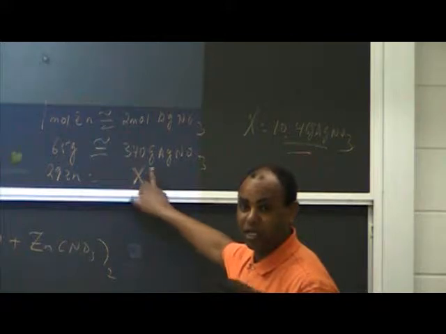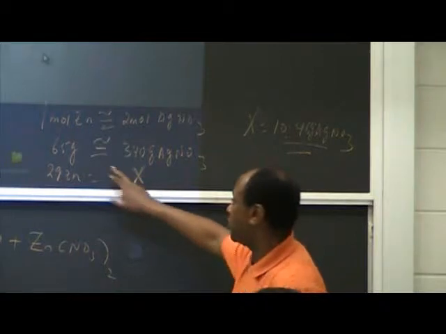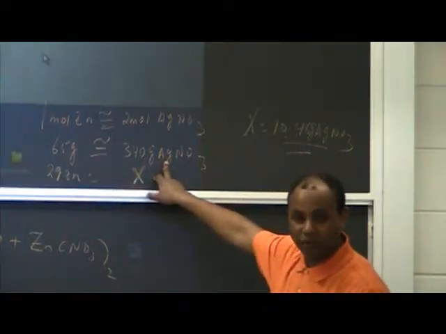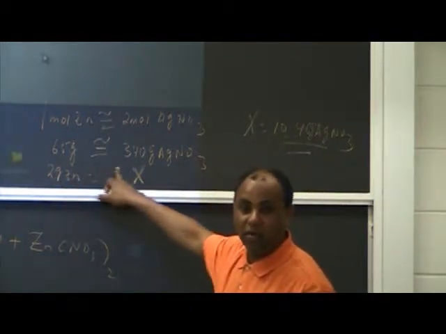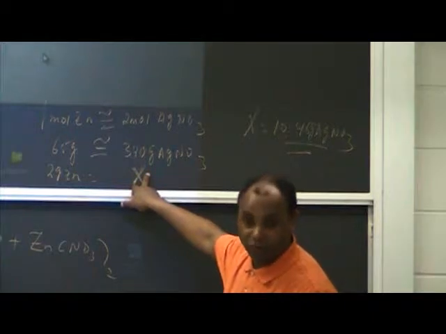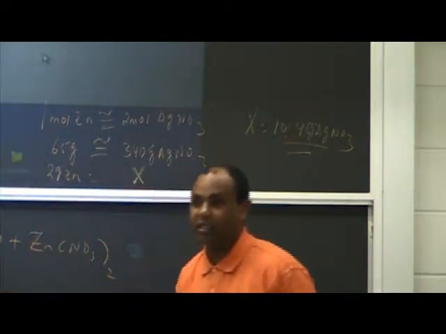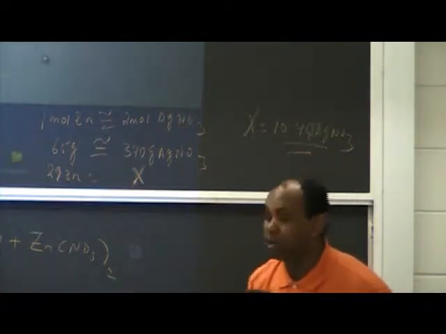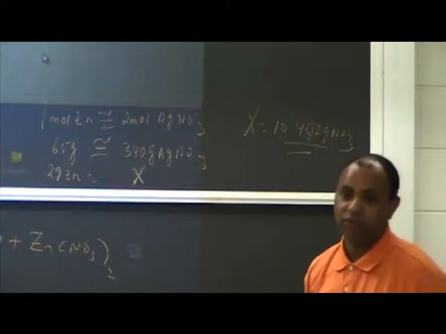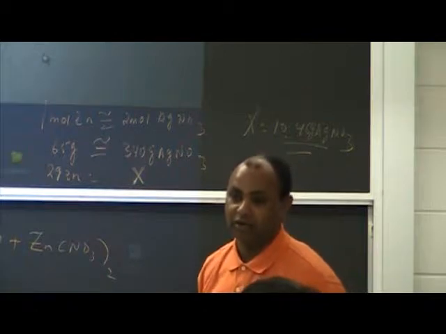That is the truth. 65 grams of zinc requires 340 grams of silver nitrate, so 2 grams of zinc needs 10.46 grams. Unfortunately, I have only 2.5 grams of silver nitrate, so it is not enough for 2 grams of zinc.